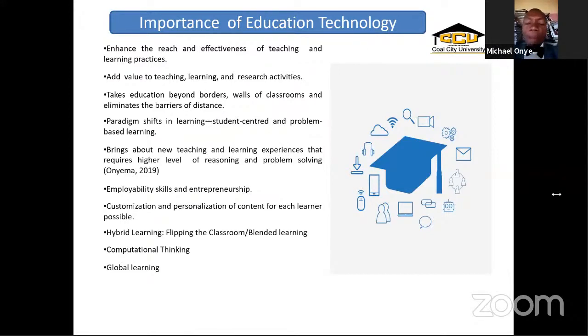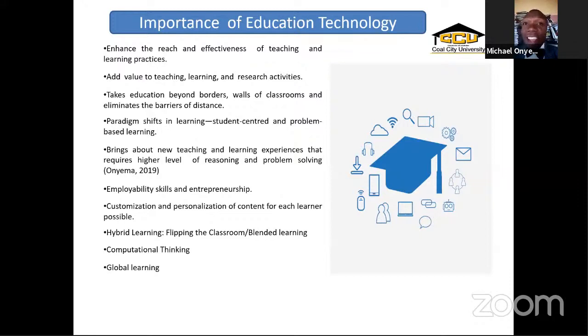Then we talk about employability skills and entrepreneurship. As you all know, today's education curriculum is moving towards entrepreneurship. Every educational institution is thinking about employability after graduation from school, and that is why more learner involvement is being canvassed. So what we are saying here is that with education technology, students can engage in professional courses in computer science, for instance.